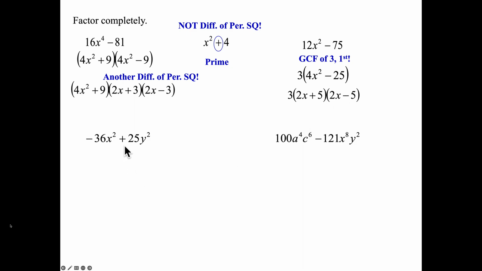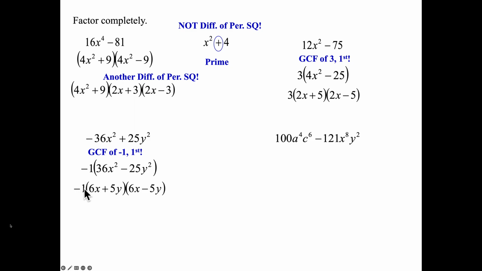Now, this one's kind of interesting because most authors will tell you, oh, your first term has to be positive, so take out the negative 1. We're going to look at another approach to that. So I have negative 1, then 36x squared, perfect square, minus 25y squared, another perfect square. Take the square root, 6x, 5y, one plus, one minus.